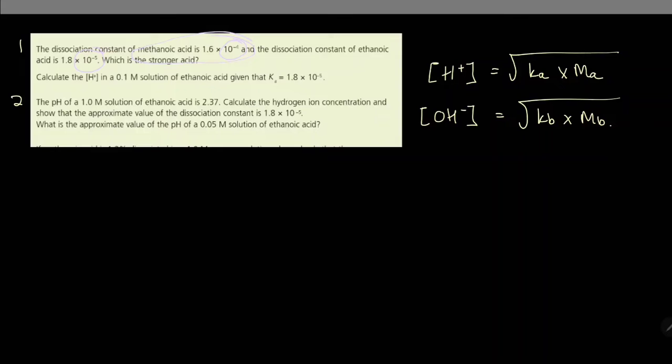So from that, calculate the concentration of the protons in a 0.1 molar solution of ethanoic acid, given the dissociation constant. So we need to find the concentration, we have Ka, and we have the molarity of the acid. So we just do a quick sub into the formula.